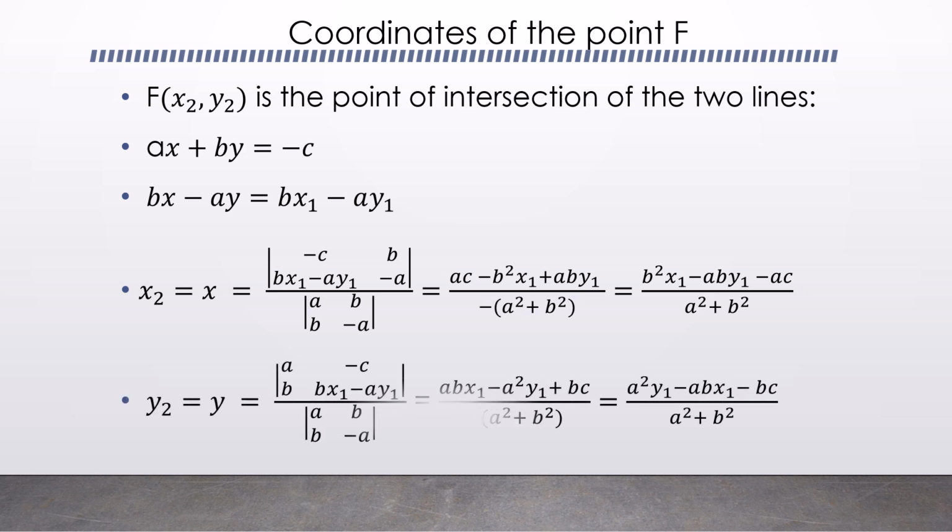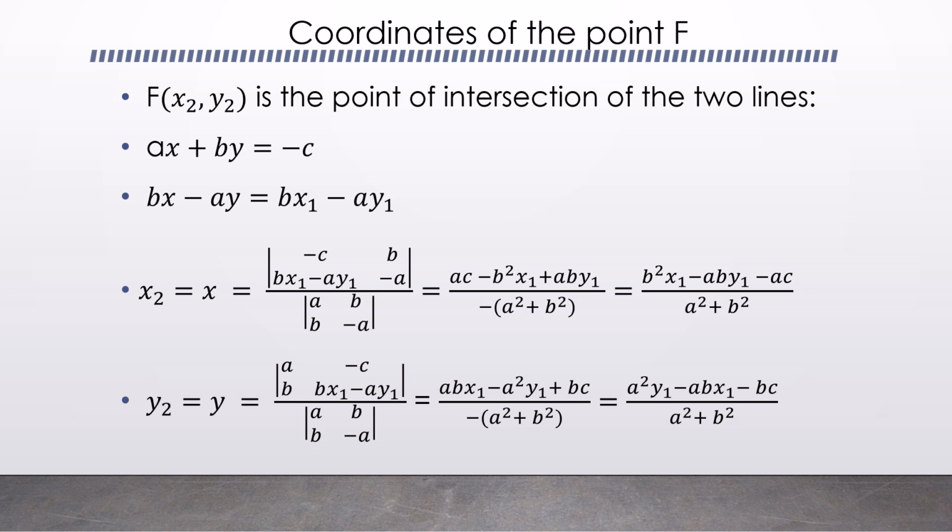Also, y2 is equal to Dy over D, where Dy is the determinant of the matrix in which the first column are the coefficient of x and the second column are the right-hand side of the equations. Denominator is the same thing as that of x.